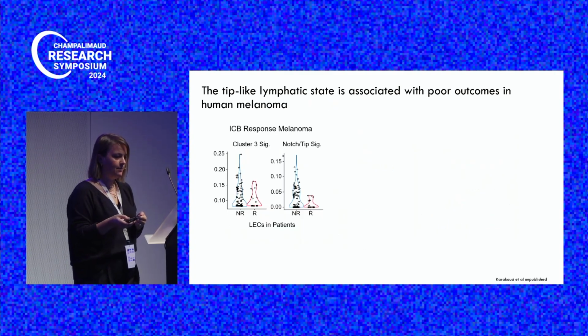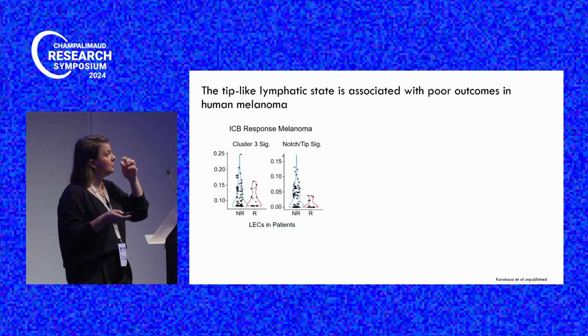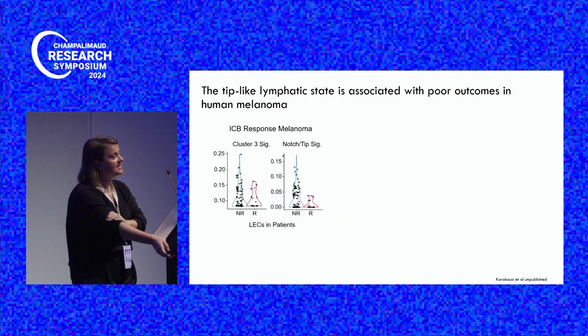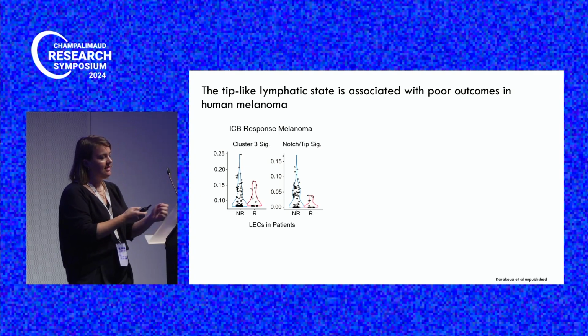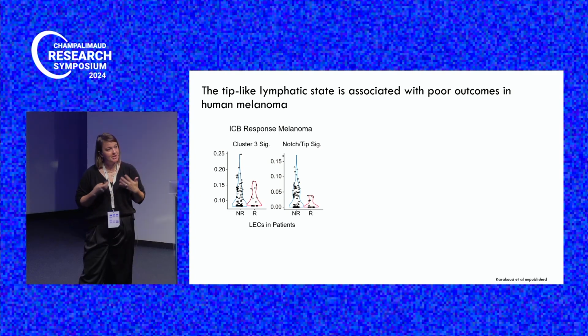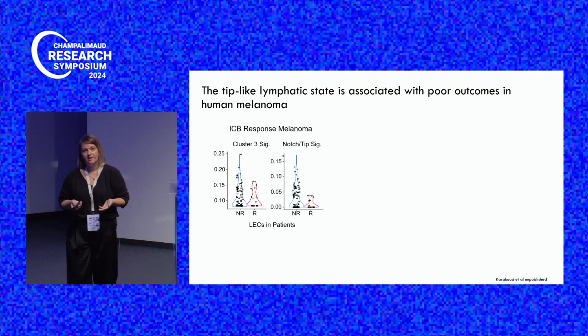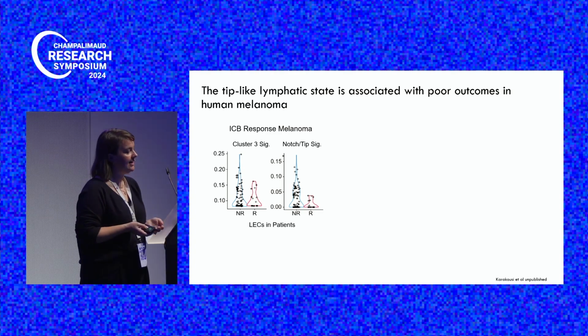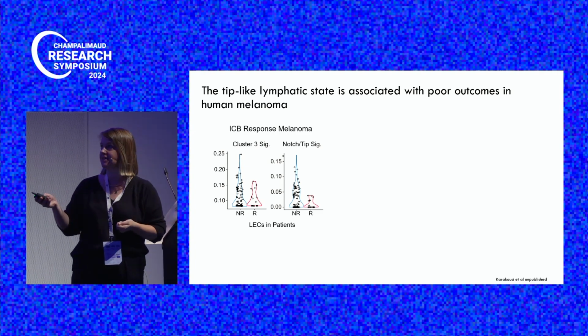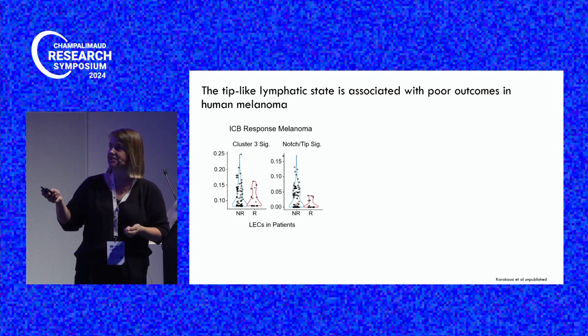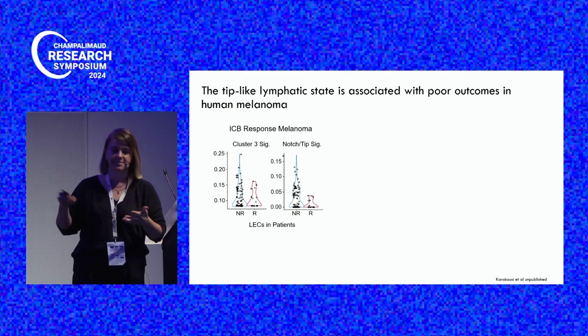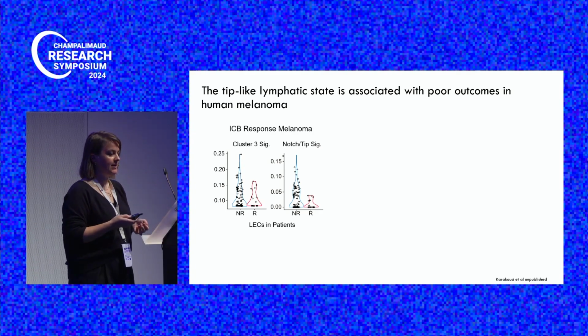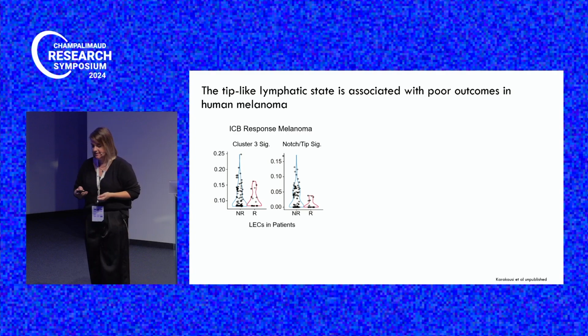Okay, so I just want to come back quickly to human and to what we think this means for our patients. We can go back to that immunotherapy trial that Chris Marine led and actually see that lymphatic endothelial cells in responder patients who have more gamma are totally shut off the program that we see in our cells, as well as programs of notch and tip signaling that we can derive from the literature.